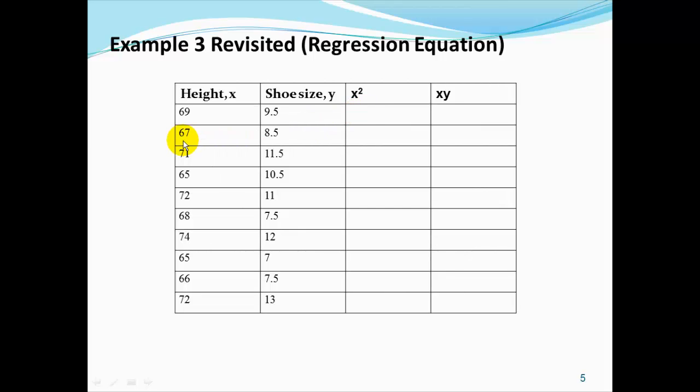In the second row, we should square 67 and place the value here. We should do this for all of our x values shown on the chart. 72 squared is equal to 5,184, so we place that value here in the third column.